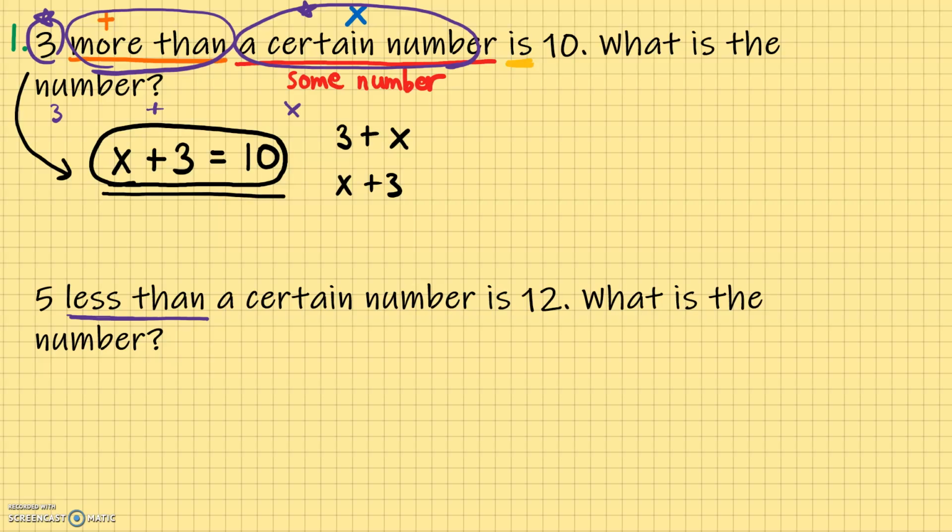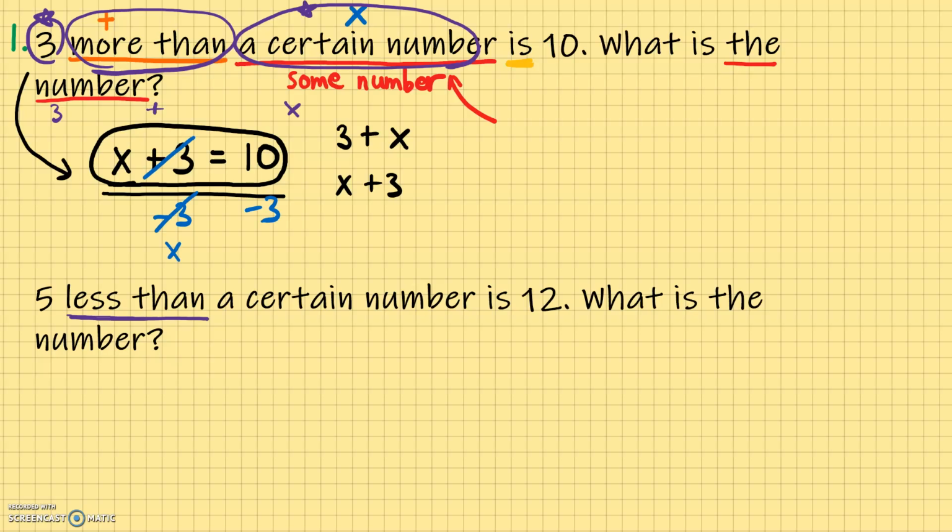And it's asking us, what is the number? By the number, it's asking for x. What is x? We can just solve for x in this equation. x plus 3 equals 10. So you can do minus 3 on both sides. And the 3's will cancel here.